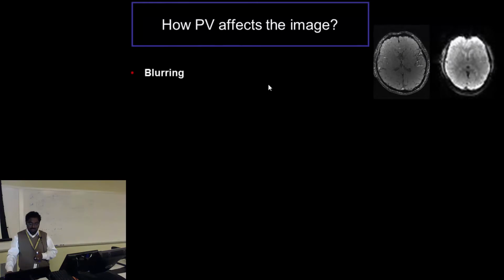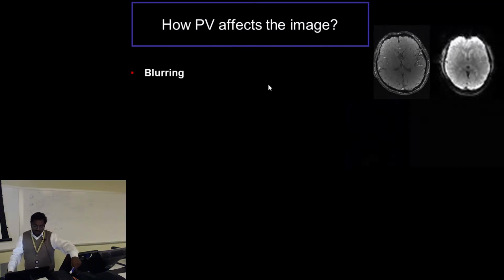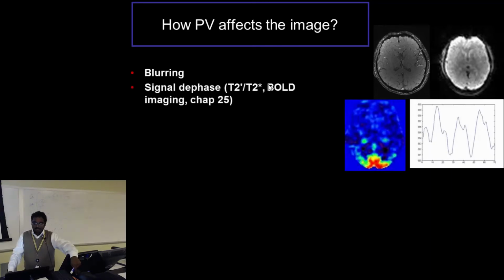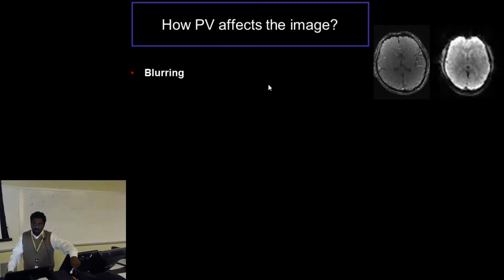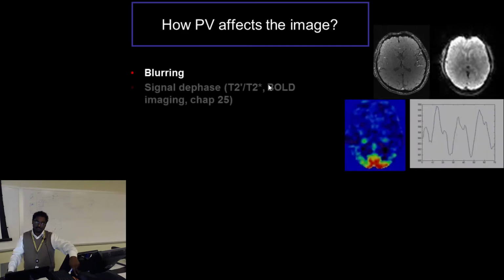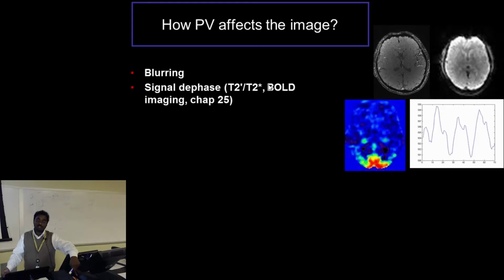Okay. So partial voluming, of course, any low resolution would lead to partial voluming, which leads to blurring basically. So just on the top you see that image which is a very low resolution image, so you just cannot make out the details. And then the BOLD effect, basically averaging of the signal due to different types of tissue, will lead to effective T2 star or T2 prime decay.